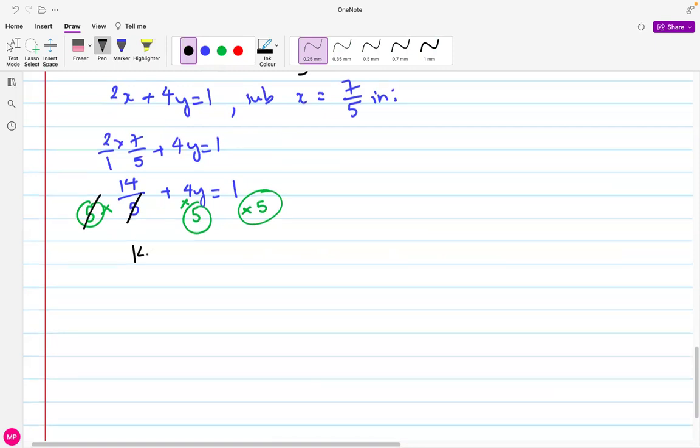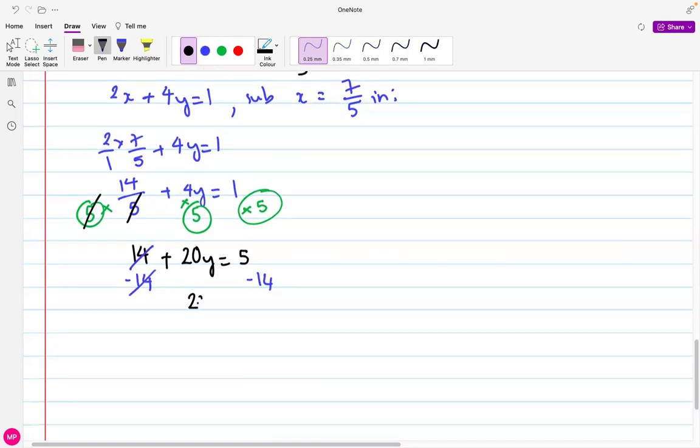So you're left with 14 plus 4y times 5 is 20y, and 1 times 5 equals 5. No more fractions. Then you can go from there. So minus 14 on both sides. 14, 14 go away. I have 20y equal 5 minus 14 is negative 9. Then you divide by 20.